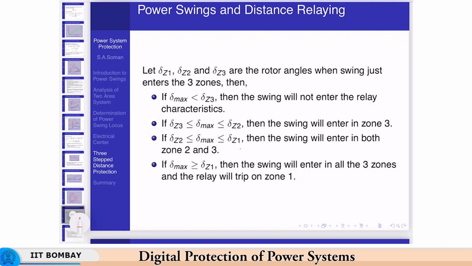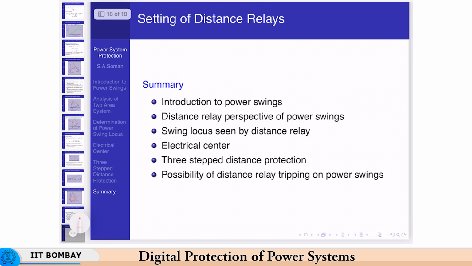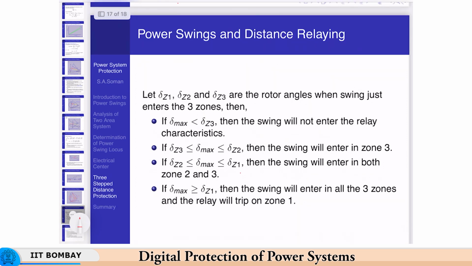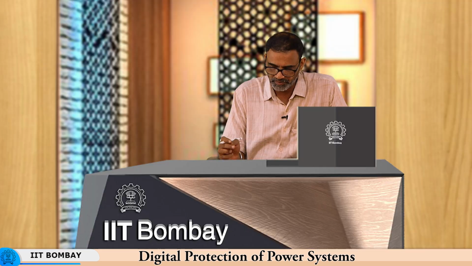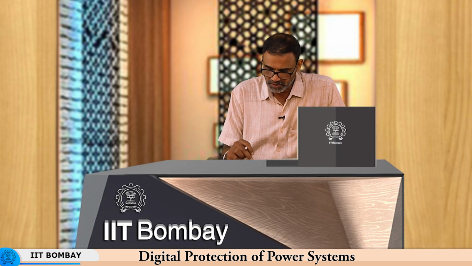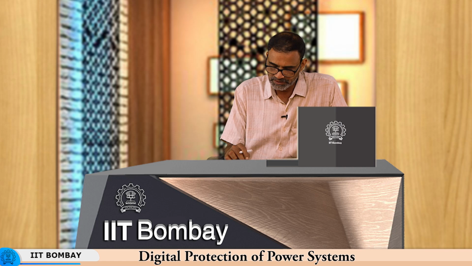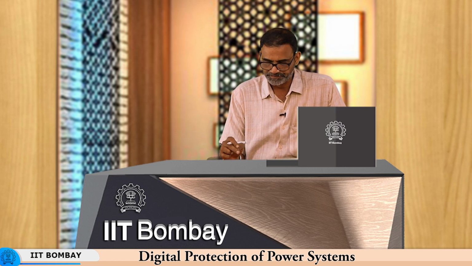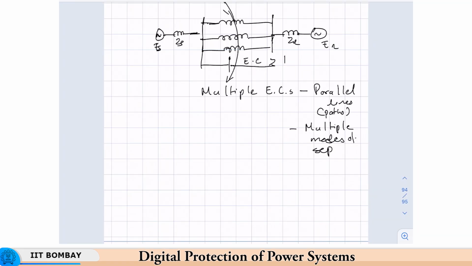Okay. Now, what happens when this phenomenon of the encroachment of the relay characteristic by the swing characteristic takes place? Okay. So, what could happen is the relay will issue a trip command, and the breakers at the two ends of the line will open.